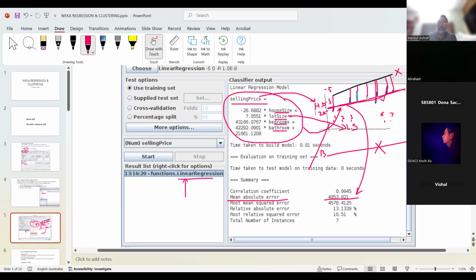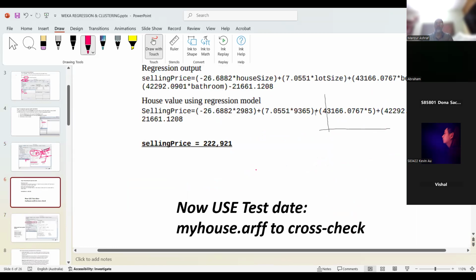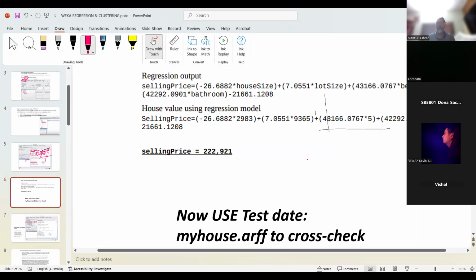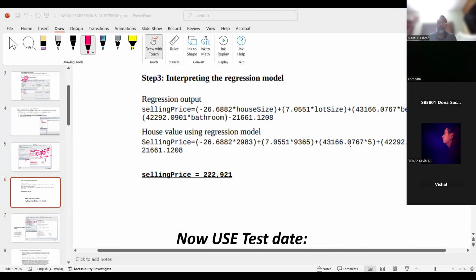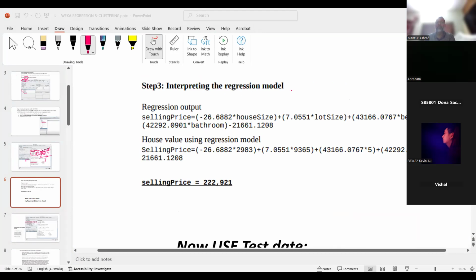Now, look at this example, and it will give you a clearer understanding. Look at this particular output. Step 3 is interpreting the regression model.